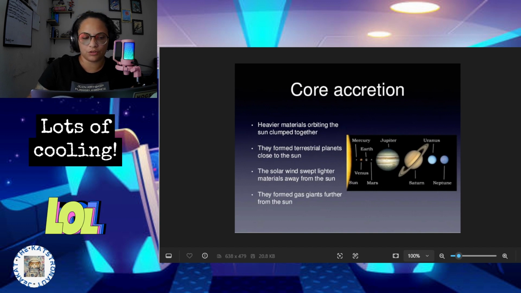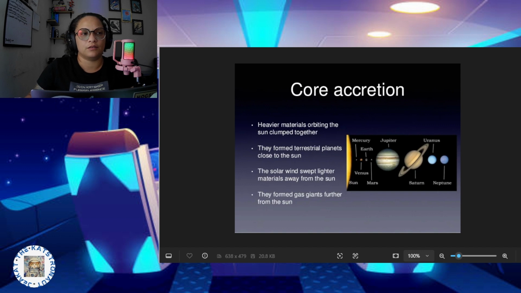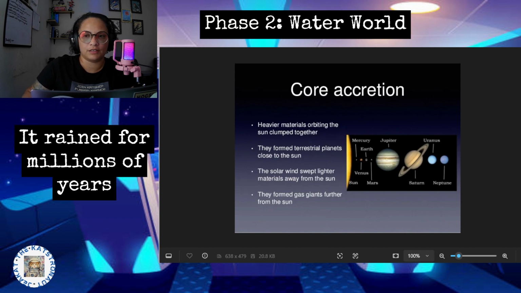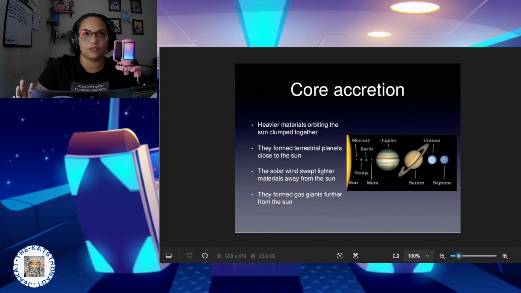So it cools, and then eventually it becomes just a huge thunderstorm that rained until the entire planet was covered, and basically all you could see were the tiny islands that stuck out from the highest peaks that were created during the lava world.